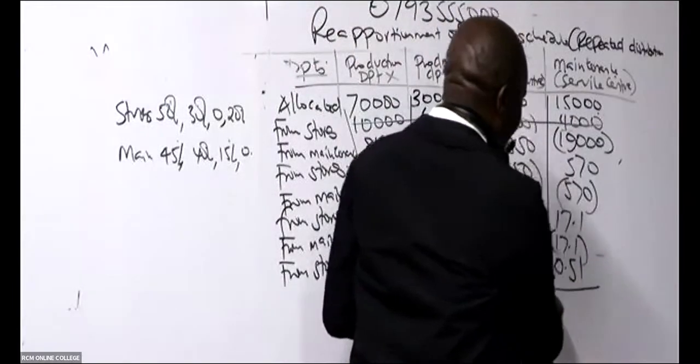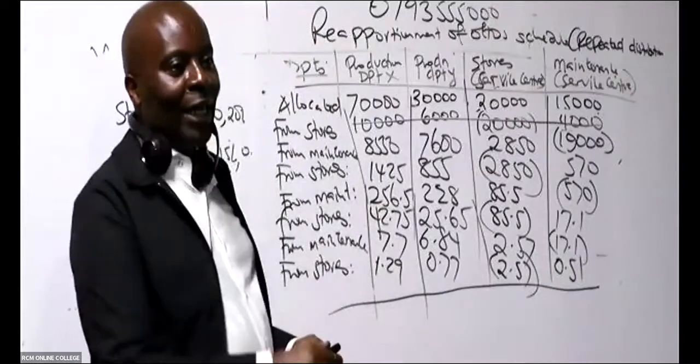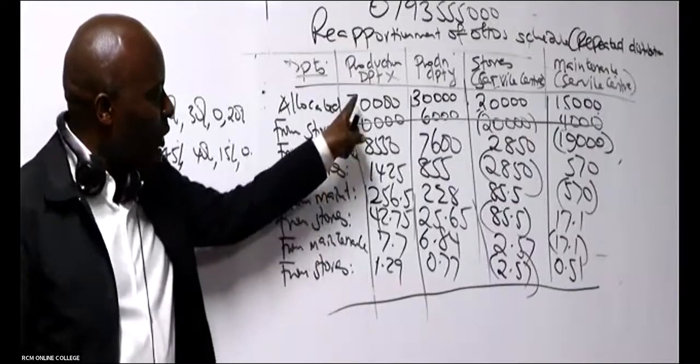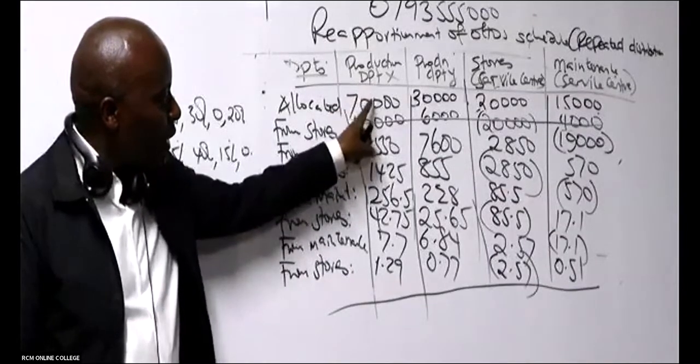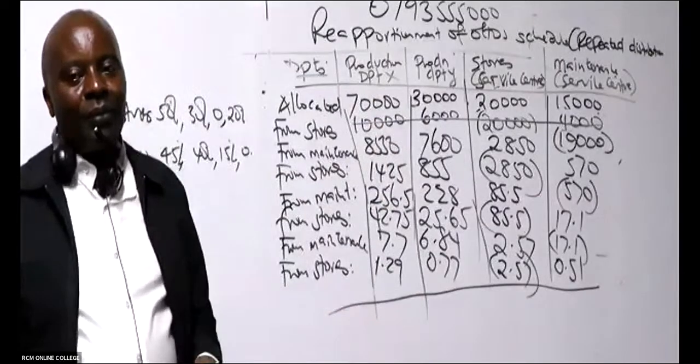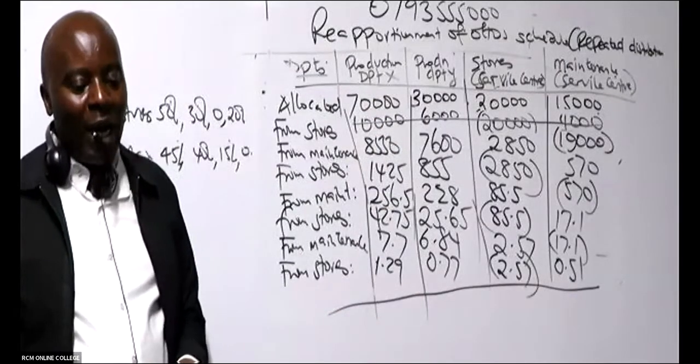And we stop there now immediately. The moment you have that thing reading 0 point, you stop there. And then now you give me the totals for production X. You add up everything.